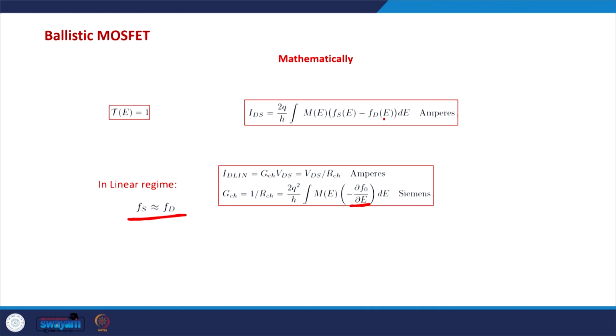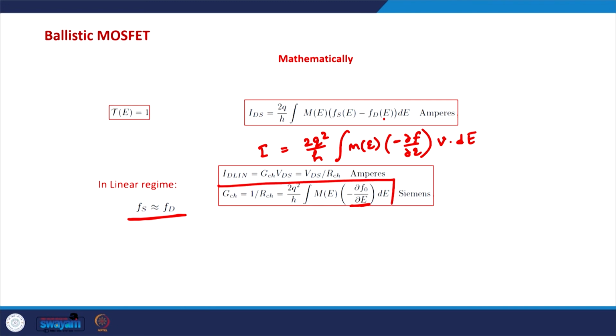So the current in the linear regime becomes (2q²/h) ∫ M(E) (−∂F/∂E) V dE. From here we can define the conductance of the MOSFET, which is (2q²/h) ∫ M(E) (−∂F/∂E) dE.